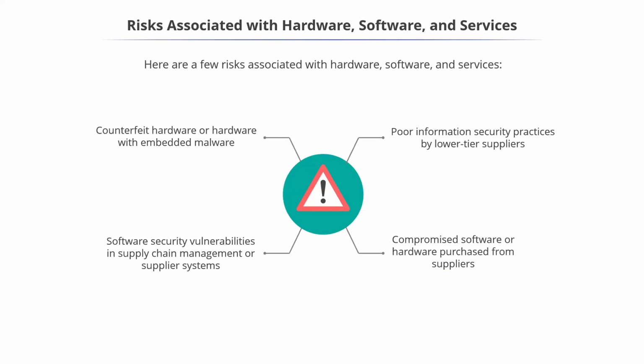So, risks associated with the supply chain: you can have counterfeit hardware or hardware with embedded malware. The example that I've discussed with you is a perfect example of that. Another is poor information security practices by lower tier suppliers. For example, we work with a lot of third-party suppliers and perform audits on a regular basis.